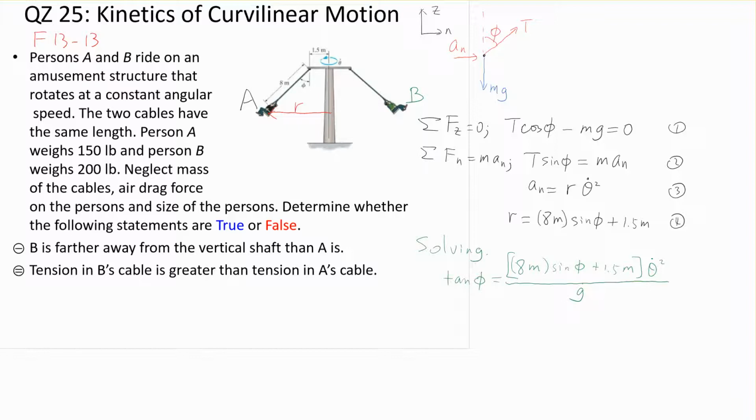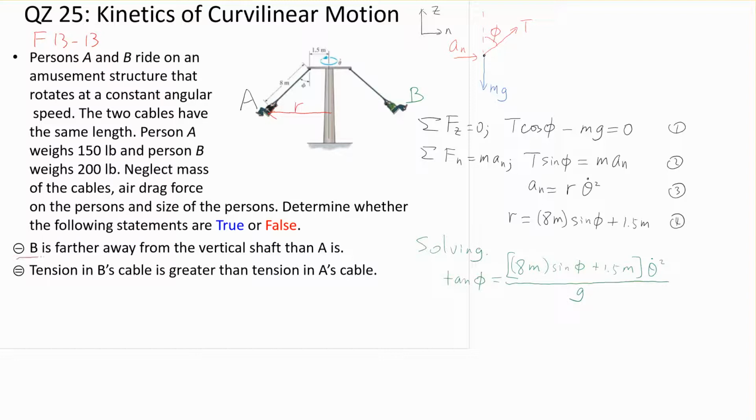But we know there's a one-to-one relationship between phi and theta dot, which tells us as long as the rotation is constant, so these two people would have the same angular speed about the rotation axis, then this angle phi would be the same for both people, and because they're hanging from the same length cable, their distance from the center of rotation, from the shaft, would be the same.